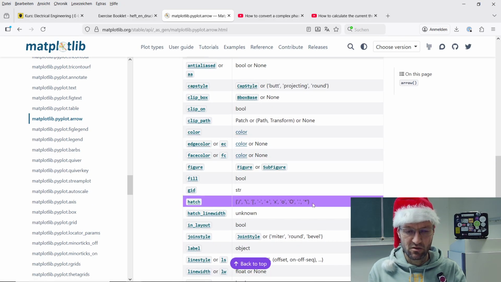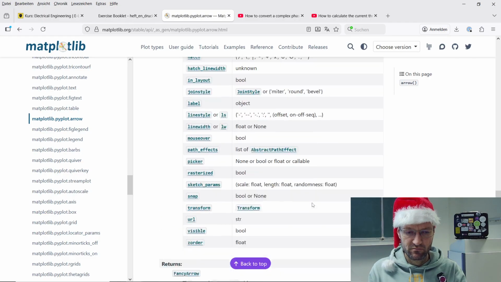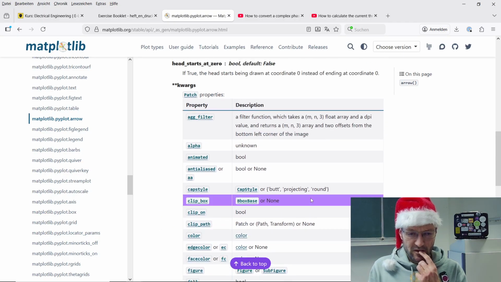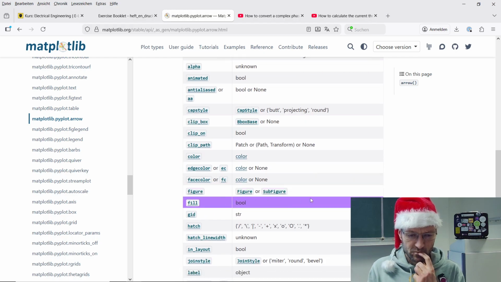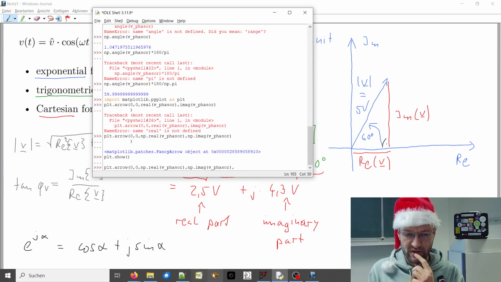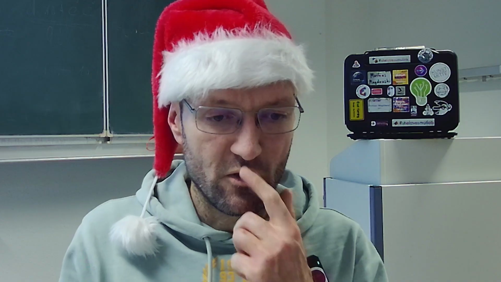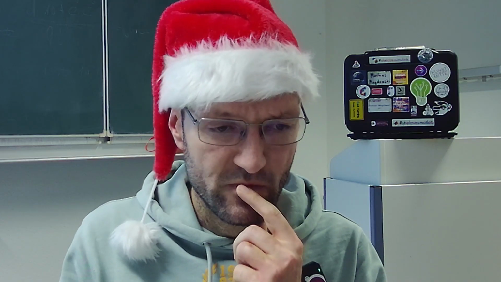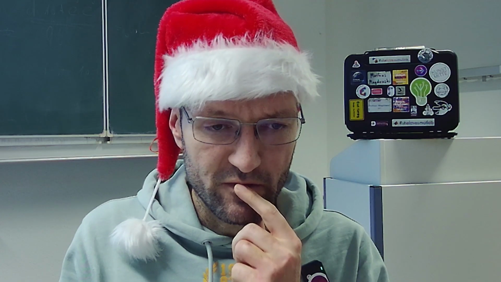We can give a color, and there was some command that I don't find right now. I will maybe open up my sample solution that I prepared in advance. Let me find it on my computer quickly. It's somewhere hidden in my many folders.